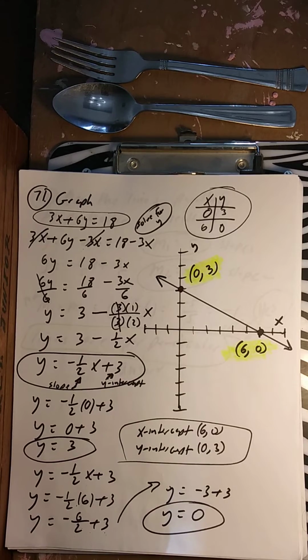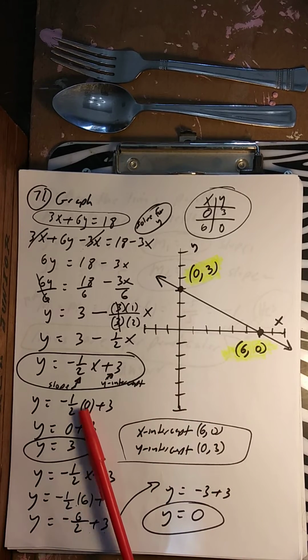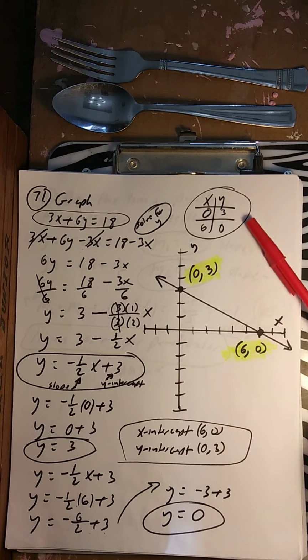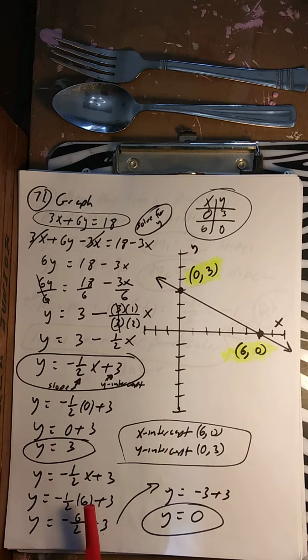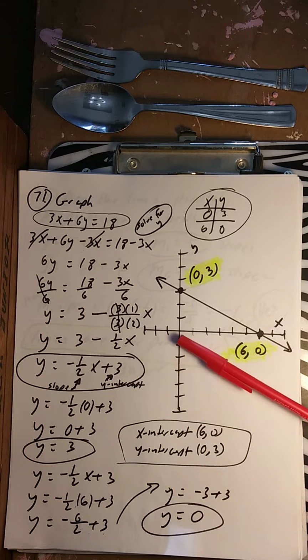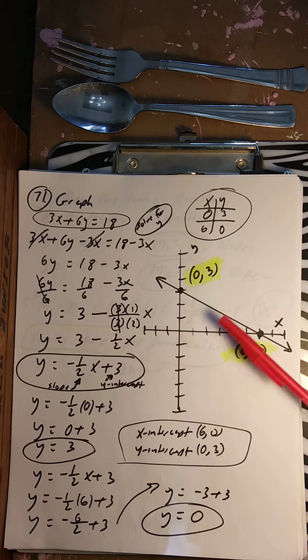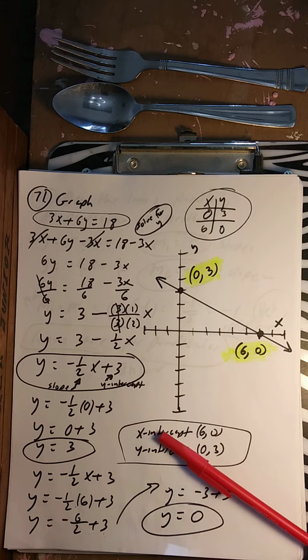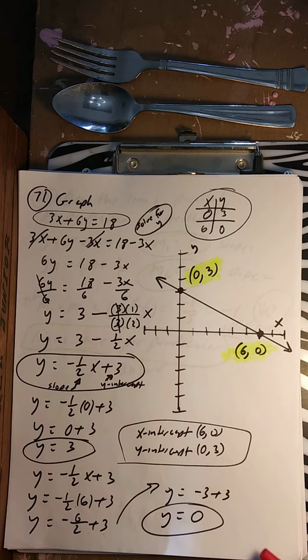So now put numbers in. Put 0. It's an easy number. 0 times that. 0 plus 3, 3. Got it. Let's put another easy number. Like 2 divided by 6, let's use 6. So -6 over 2. That's going to be what? -3. -3 plus 3 is 0. So we have (0, 3) and we have (6, 0). Notice that the x-intercept is (6, 0). The y-intercept is (0, 3), up 3.